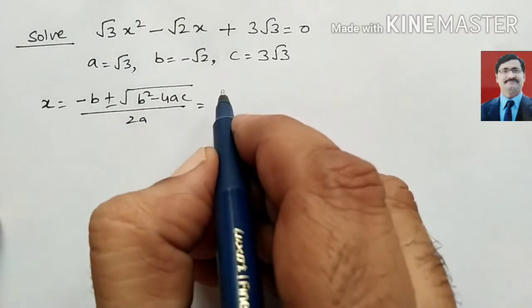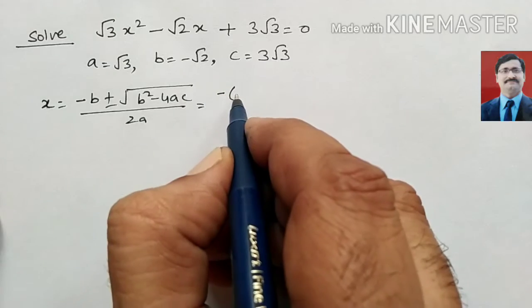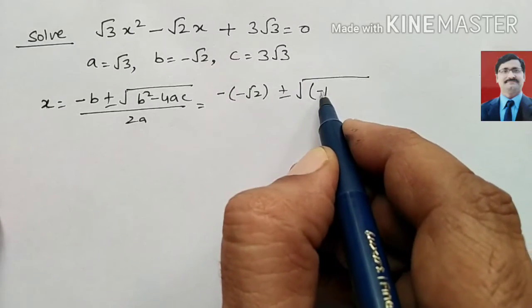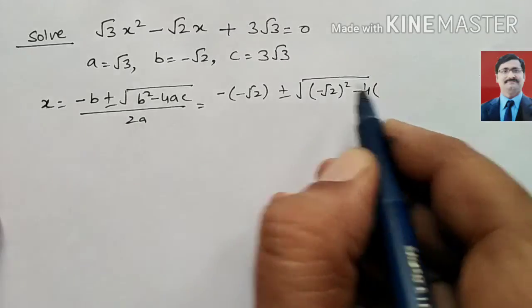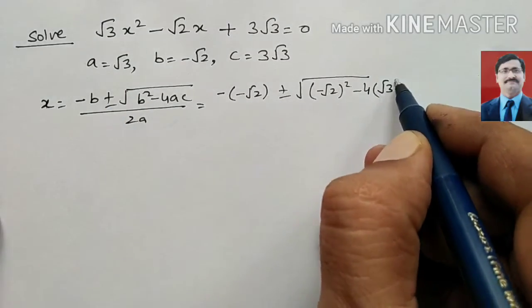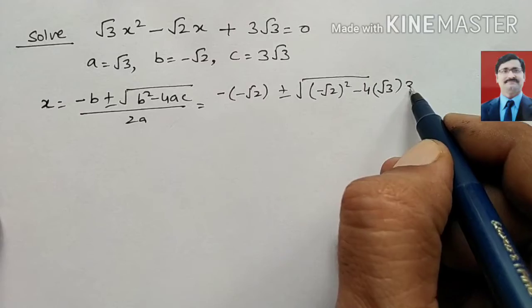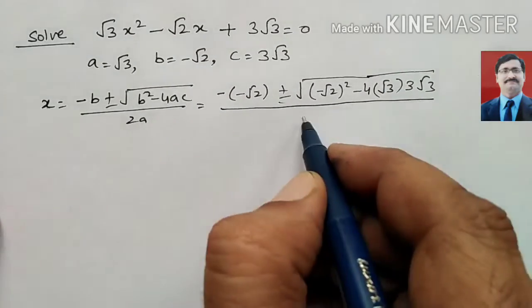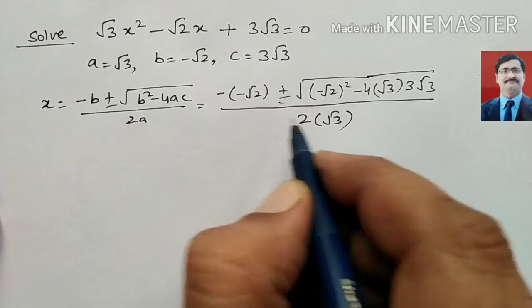Now minus b is here minus of minus root 2, plus minus root of b square, meaning minus root 2 square, minus 4 times a, which is root 3, and c, which is 3 root 3, upon 2a, where a is root 3. Do you understand this?